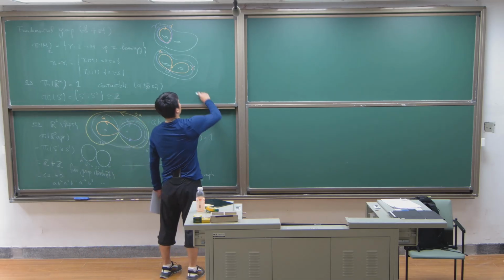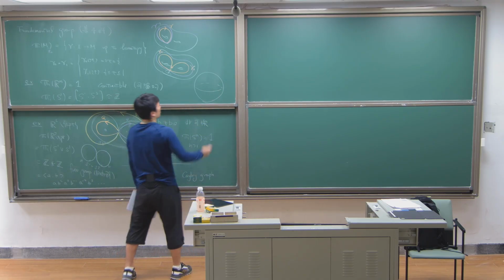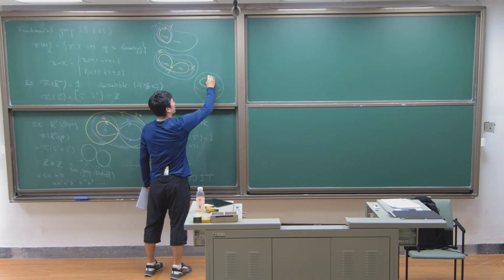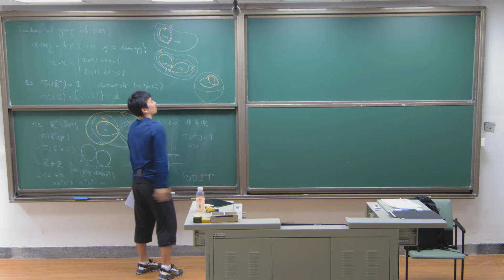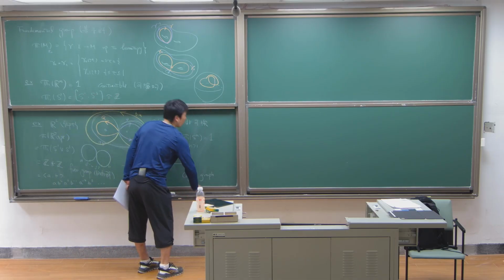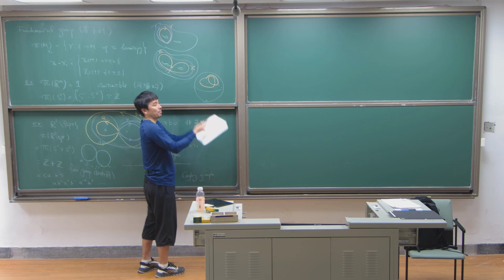Because if you have a two sphere, whatever map you can have, just get rid of a point which does not lie on this curve, and it becomes Rn.